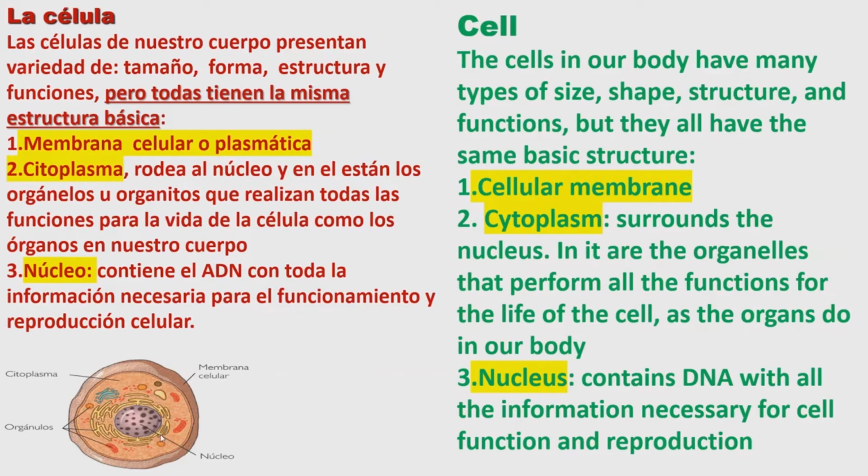The organelles perform all the functions for the life of the cell, as the organs do in our body. And the nucleus contains the DNA, with all the information necessary for cell function and reproduction.